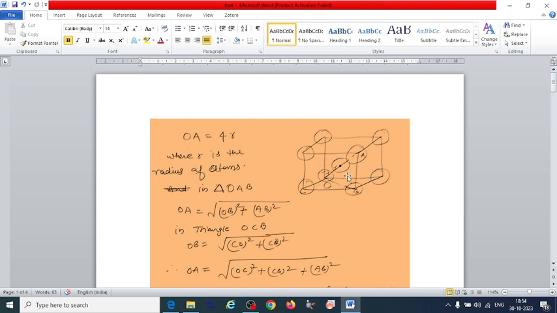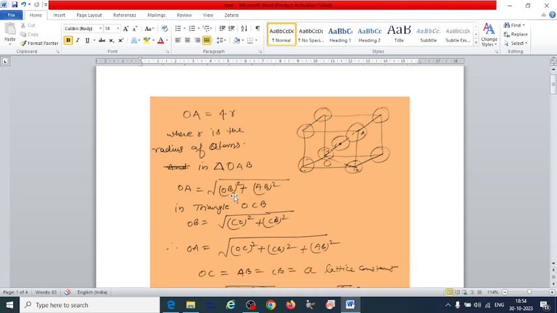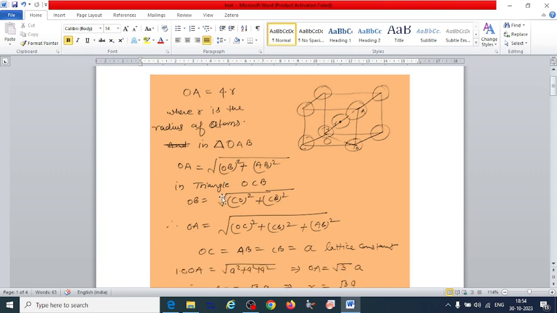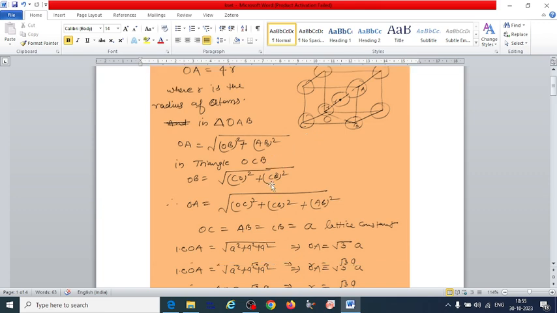Then if we take the corners A, B, C and O as the reference, then AO has the distance of 4R. R is what? Radius of the atom. Then if we take triangle OAB, the edge OA is equal to root of OB square plus AB square.